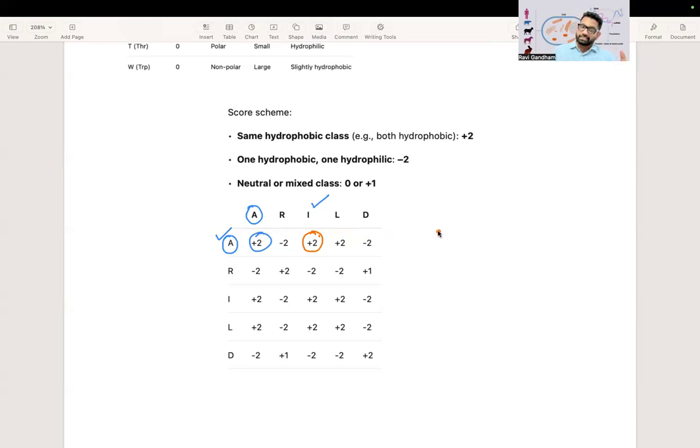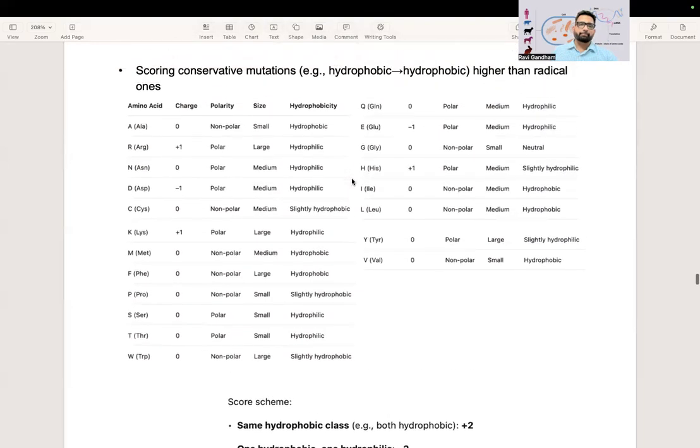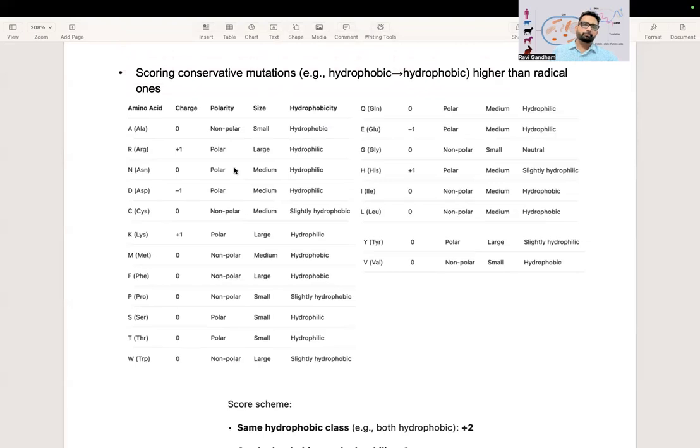Now, this concept here again reiterates the fact that the score is never less than 0. It is always greater than 0, and it is a positive score when there is a substitution between the amino acids that belong to the same group. Now, we'll see. Alanine here is a non-polar hydrophobic amino acid.